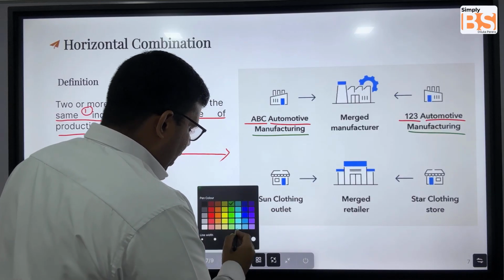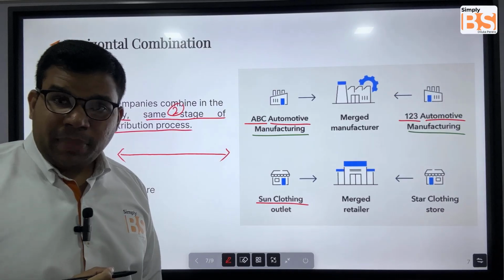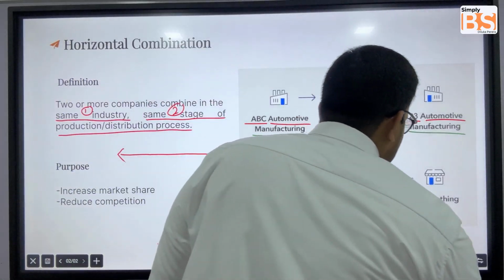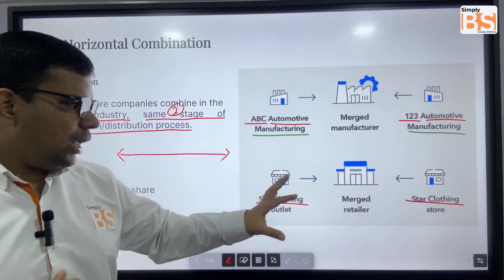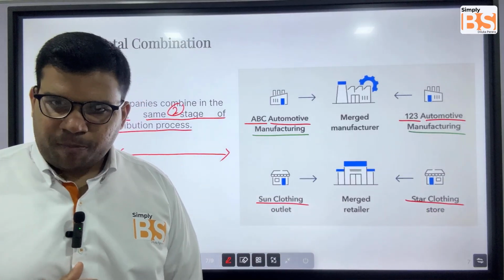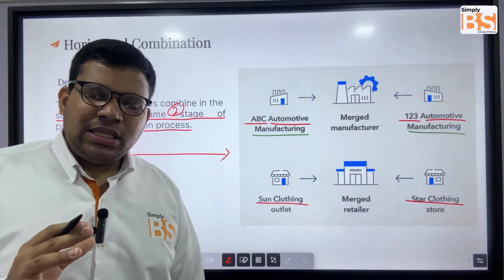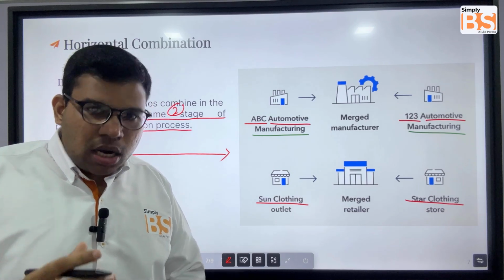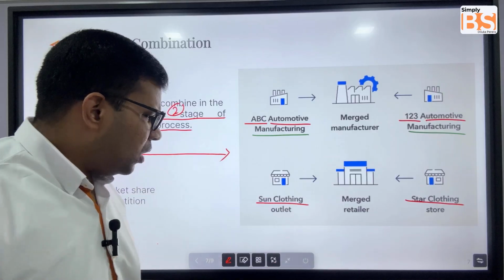You have Sun Clothing Company and Star Clothing Company. Both companies are in the same industry, which is the clothing industry. Then let's look at the activity that they conduct in the production and distribution process.